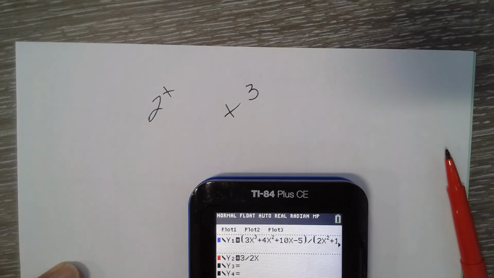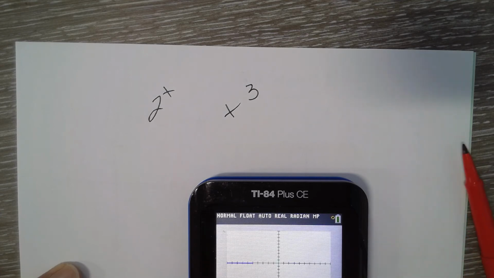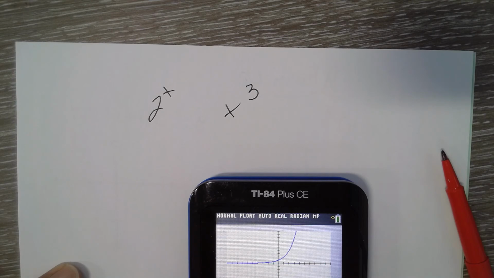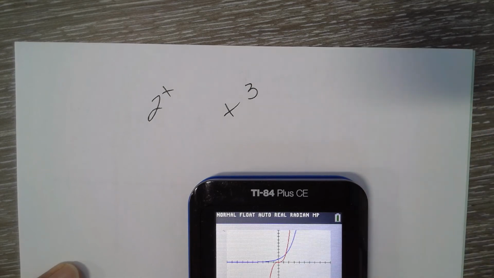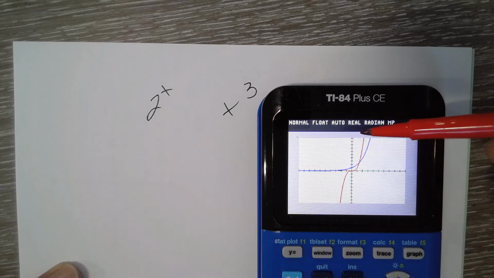So y equals 2 to the x, and then I've got x cubed. I'll just start with a standard zoom. There's my exponential. Here comes my cubic. It looks like the cubic is going to be more dominant because it's getting there faster.